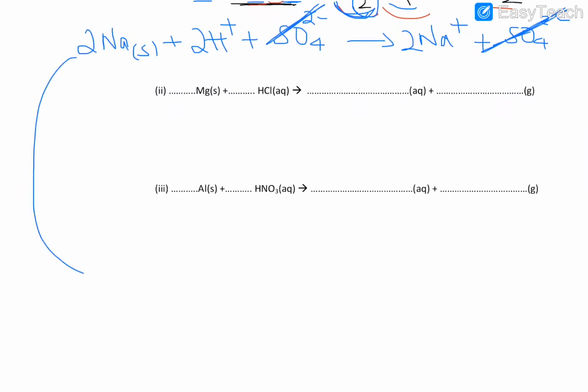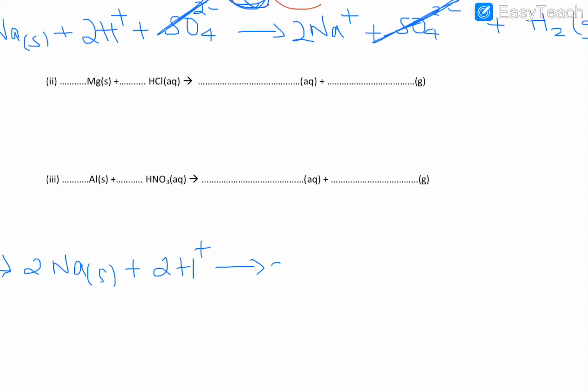So I am left with 2Na solid plus 2H plus, giving 2Na plus H2 gas. Include state symbols, aqueous and solid.